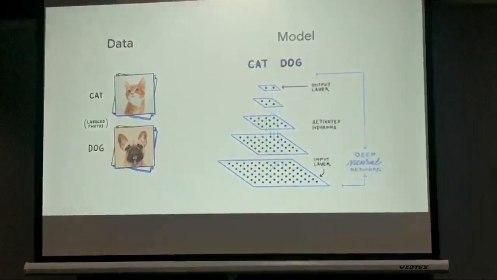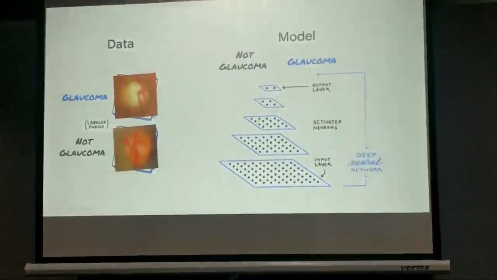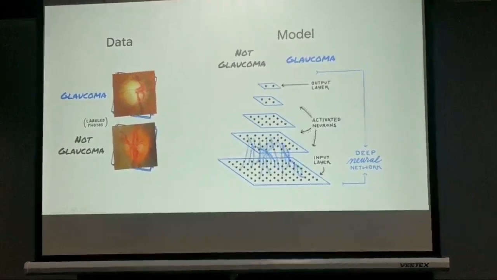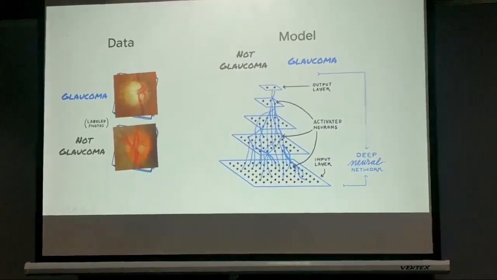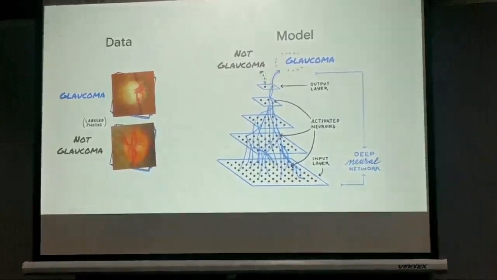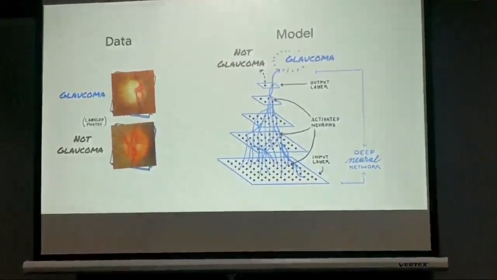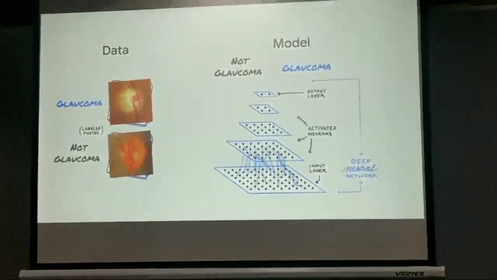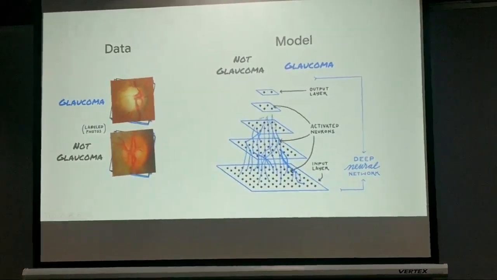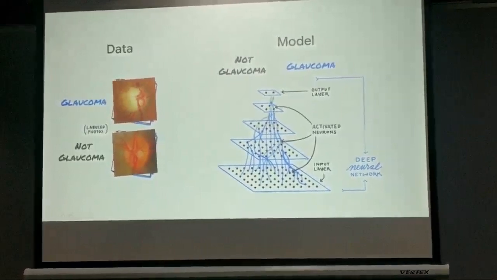In the same manner, if we want to train a model to detect whether a fundus photo is glaucomatous or not, we need a lot of images labeled as glaucoma or not glaucoma. We show it to the model, we train it, and then we evaluate how it performs by giving it a different set of images.